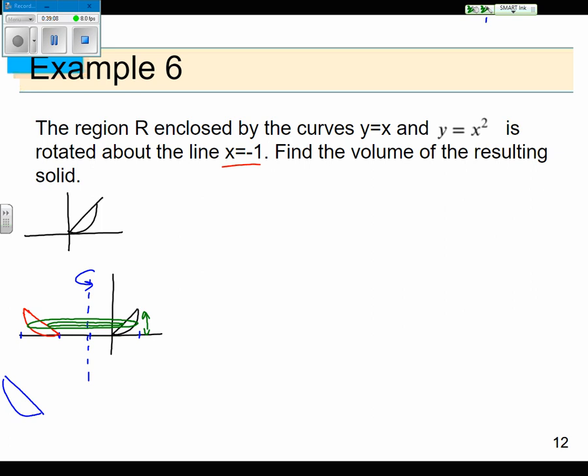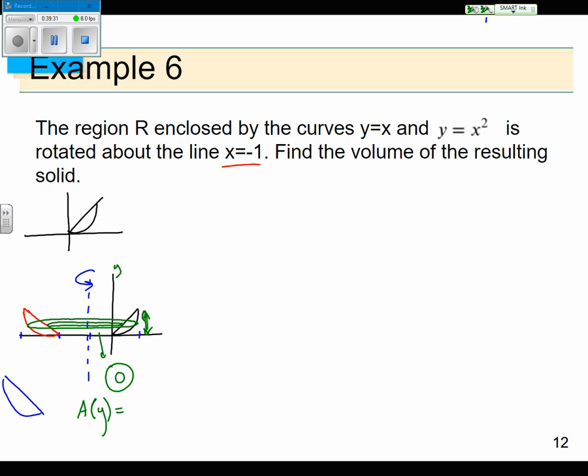So what I'm wanting to do is bring this washer out and find its cross-sectional area. It's going to be in terms of y, isn't it? Good to know. It's going to be in terms of y, because that's the direction they're stacking. They're stacking the same direction that the y-axis is going.